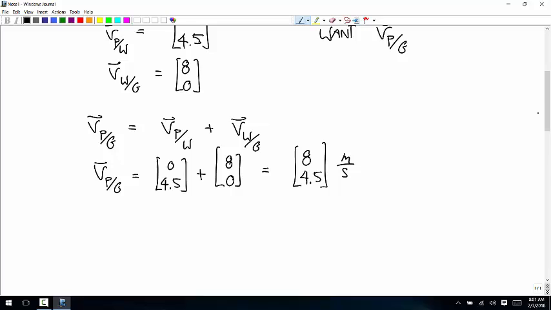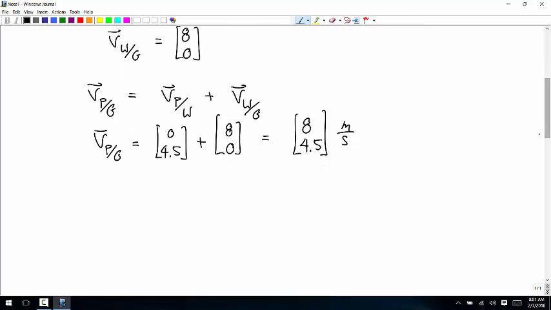And then you can use the constant acceleration equations. Okay, so we want to find Px. We know the acceleration is 0, and you can go from there and solve it.